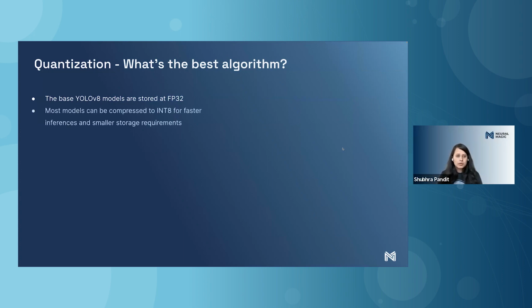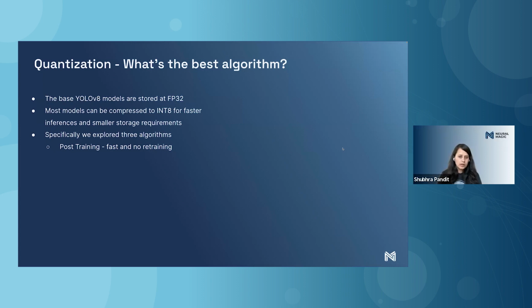But these can be compressed down to an 8-bit integer representation for faster compute and smaller storage. So for quantizing the YOLOv8 models, we explored 3 algorithms, and broadly these fall into 2 different categories, where one is where you quantize after training, and the other one where you quantize during the training process itself.